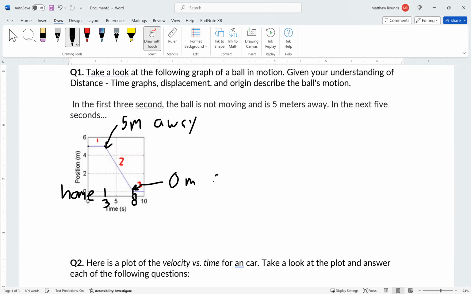Does what you wrote say that? No. It's just a sentence to say what happened. You don't explain how, you just have to explain the start and finish. It was this distance away, and now it's this distance away.